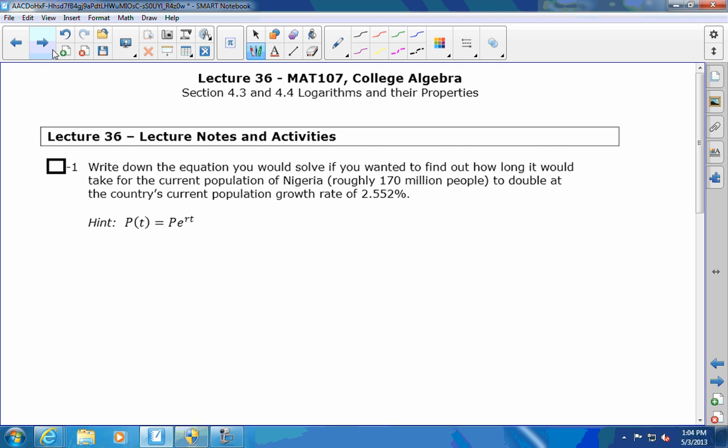I asked them to come in with questions they'd want to answer, and hopefully we could learn the mathematics before the end of the semester to look at some of those questions. But I don't think a lot of us have a sense of what it means to be growing at the rate of 2.5%. Just for comparison, the US population is growing at less than 1% a year.